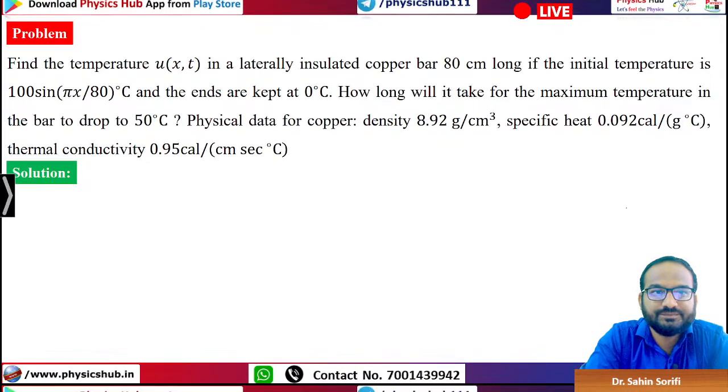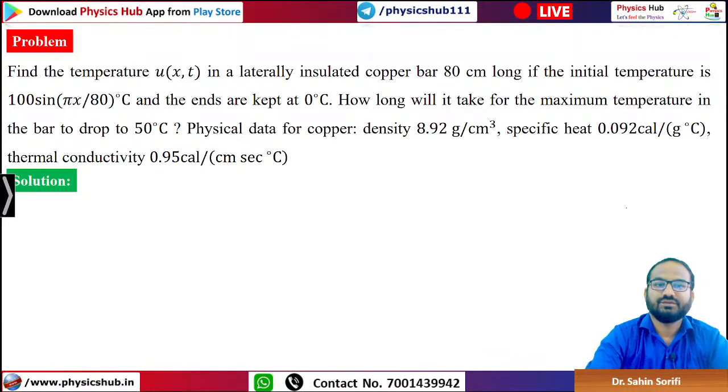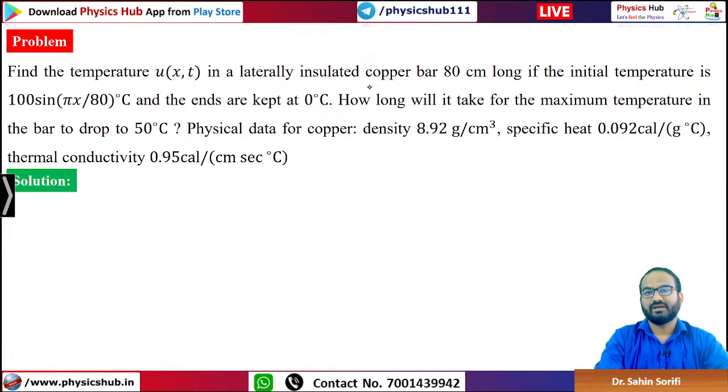Okay, let's move on to this problem. Find the temperature u of x,t in a laterally insulated copper bar 80 centimeter long. If the initial temperature is 100 sin pi x by 80 degrees centigrade and the ends are kept at 0 degree centigrade, how long will it take for the maximum temperature in the bar to drop to 50 degrees centigrade?